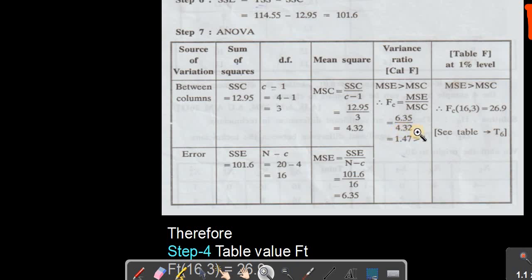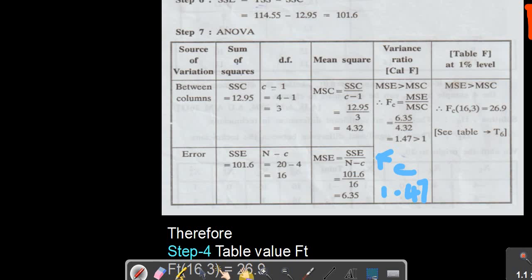Divide this by this and you will get 1.47. This is the calculated value of F column-wise, 1.47.